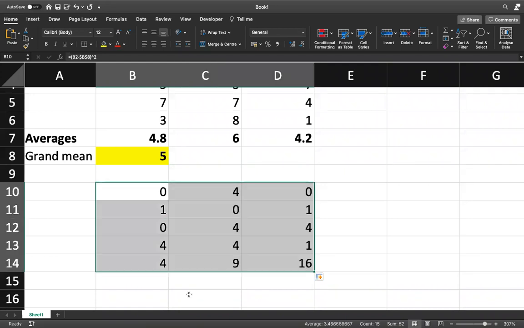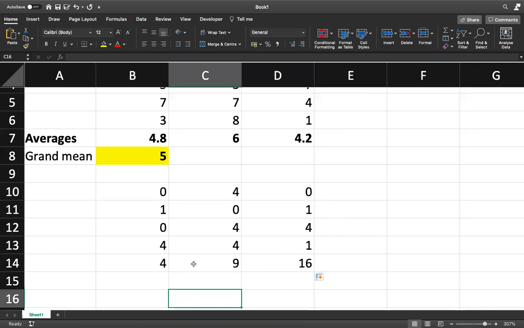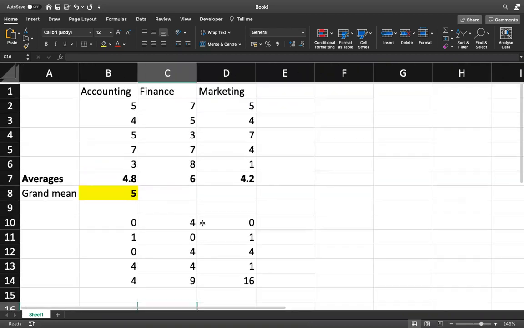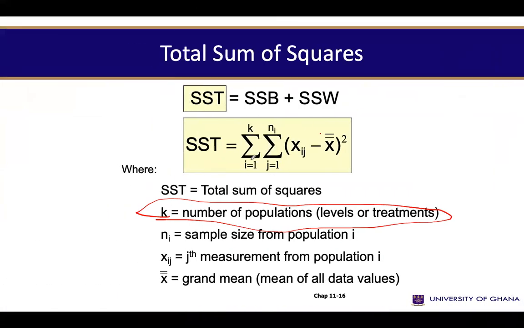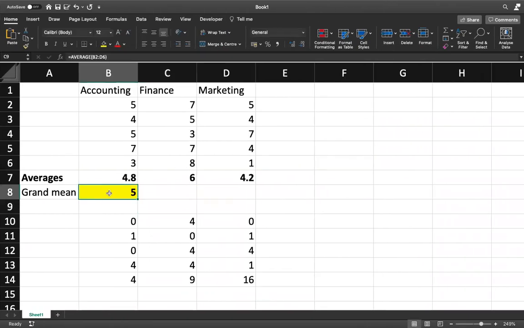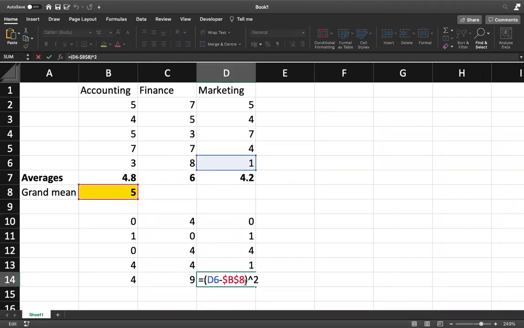You see that what we have here clearly is an expression of the total sum of squares, which is how each of the individual values vary from the grand mean.